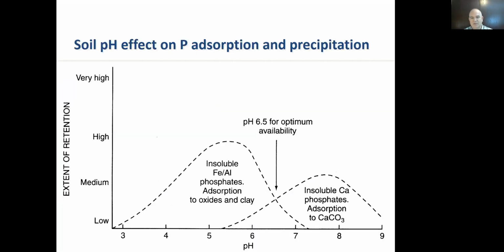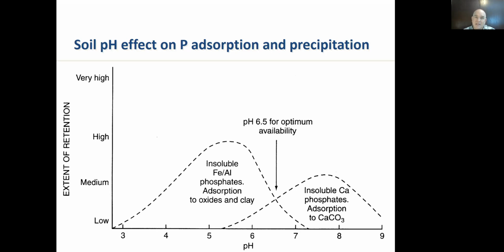Okay, so here's the phosphorus one. Again, what we're looking at here on the y-axis is the extent of retention. In other words, the higher we are up on that, the less phosphorus is going to be available for plants because the soil's hanging on to it. You'll notice at about 6.5, that's the optimum pH for phosphorus availability. Above that, we start getting calcium phosphates, also magnesium, forming precipitates in solid form.